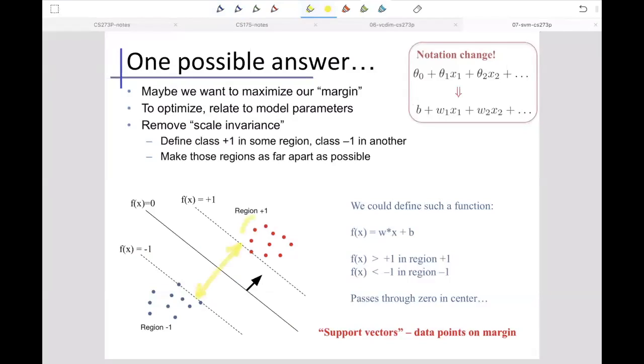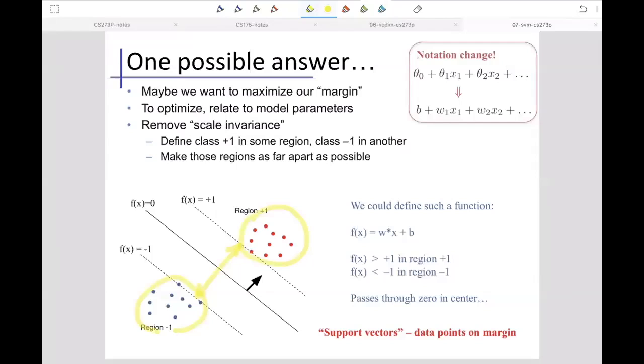This is one group of data points, and this is the other group. What is the gap between them? What is the distance that maximally pushes these two groups away? This is called the margin. So today we're going to talk about how to calculate this margin and then think about how to optimize it.